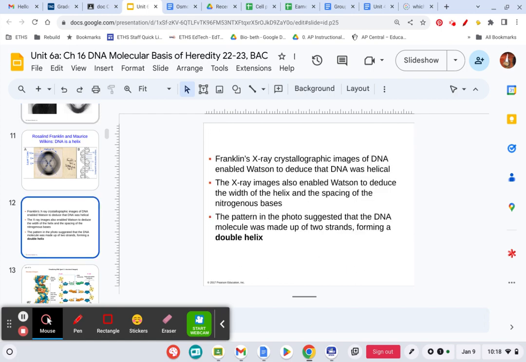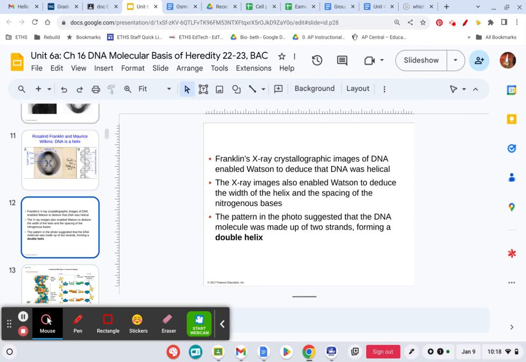So Franklin had crystallized DNA molecules, and she could use X-rays to take pictures of them. And from that, she was able to figure out how wide the DNA helix was, and the spacing of the nitrogen bases between each other.